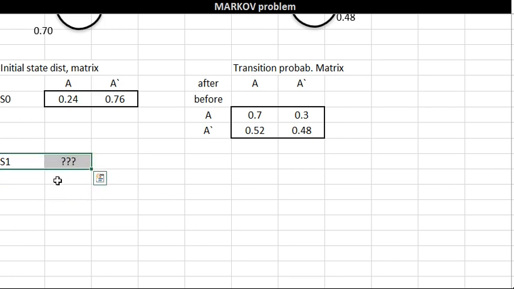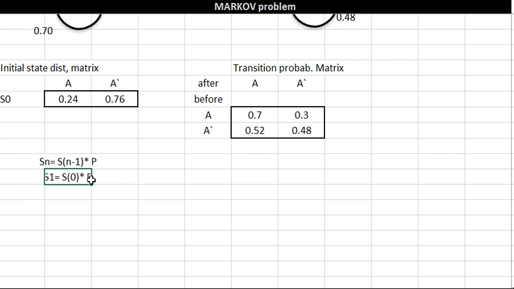For us to get S1, we could consider the formula Sn is equivalent to Sn minus 1 times yung ating probability matrix or yung transition probability matrix natin. Sabihin, we could have a formula of S1 is equivalent to S0 times P. Diba?